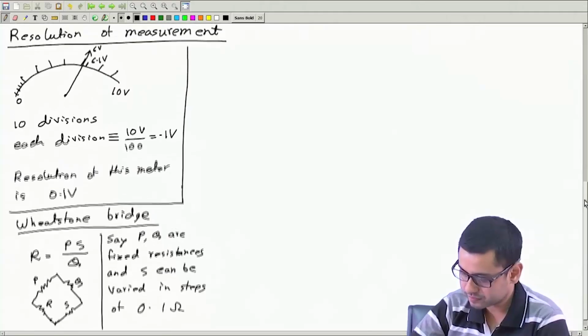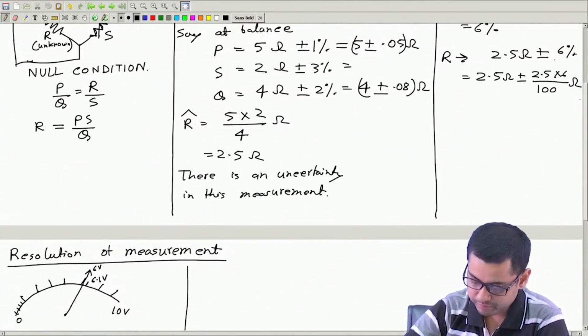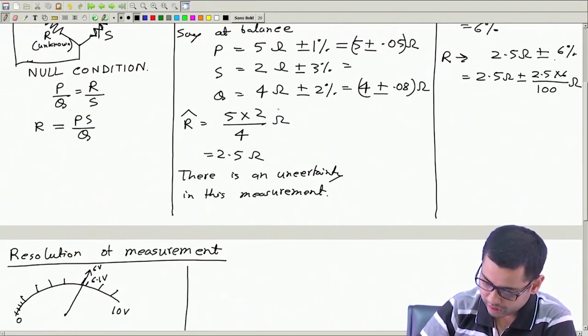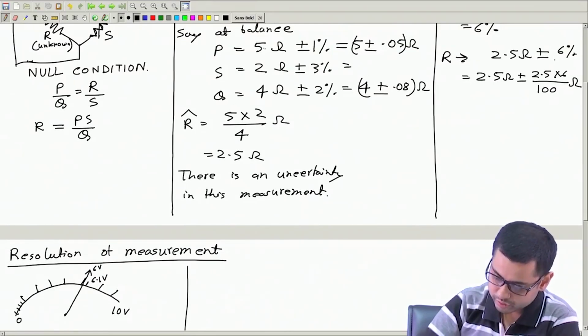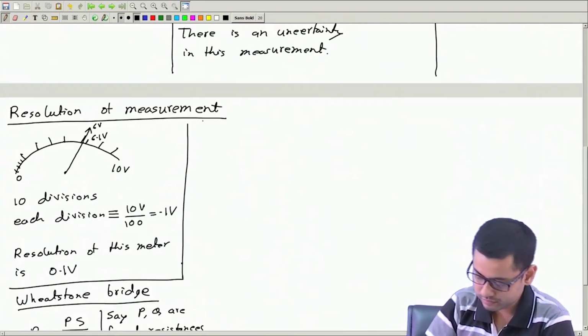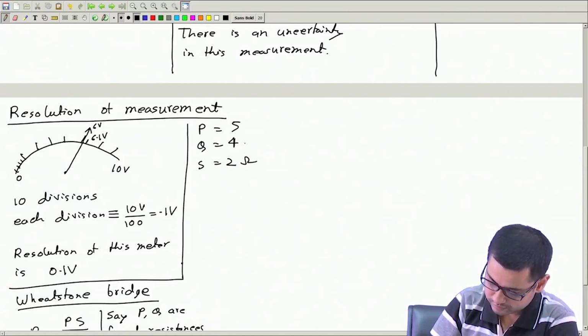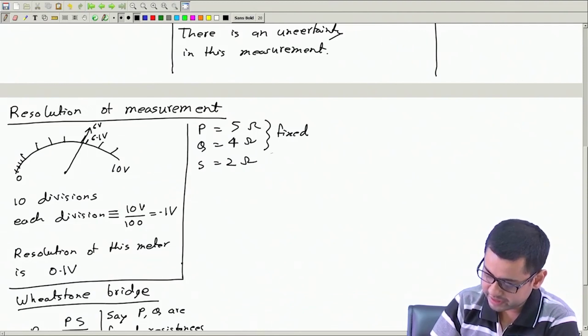If so, then the values of P, Q and S were 5 ohm, 4 ohm and 2 ohm. Now these two are fixed, and this can be varied in steps of 0.1 ohm.